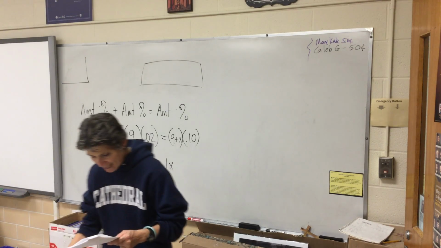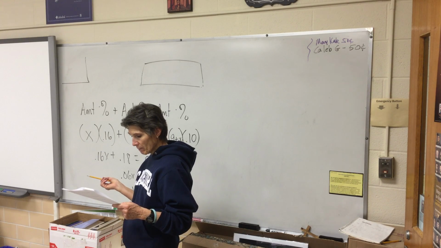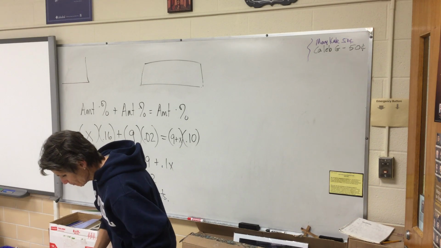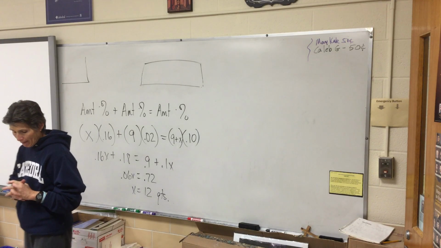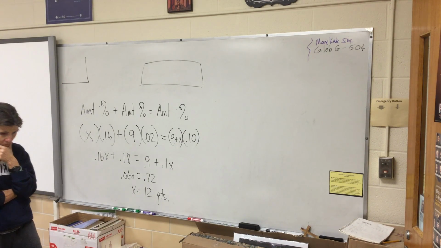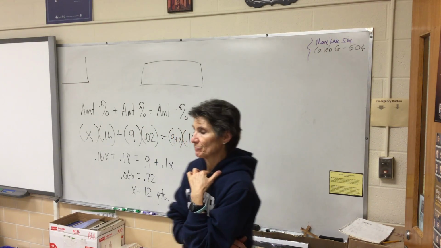All right, so I'm just randomly going to pick one. How about number 4? Let's do problem number 4. Everybody do it right there on the paper. See if you can get it set up and solved. And then we're going to compare answers.